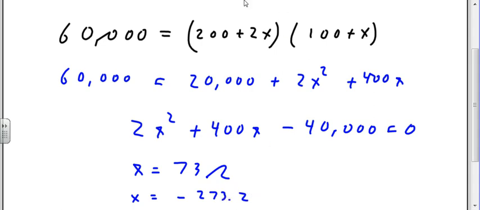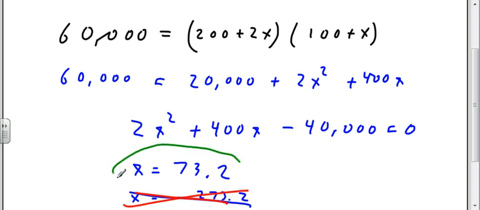Well, it's not negative. We know it isn't negative, so we'll get rid of that guy and circle this guy here as our final answer, but we're going to want to put meters next to it.